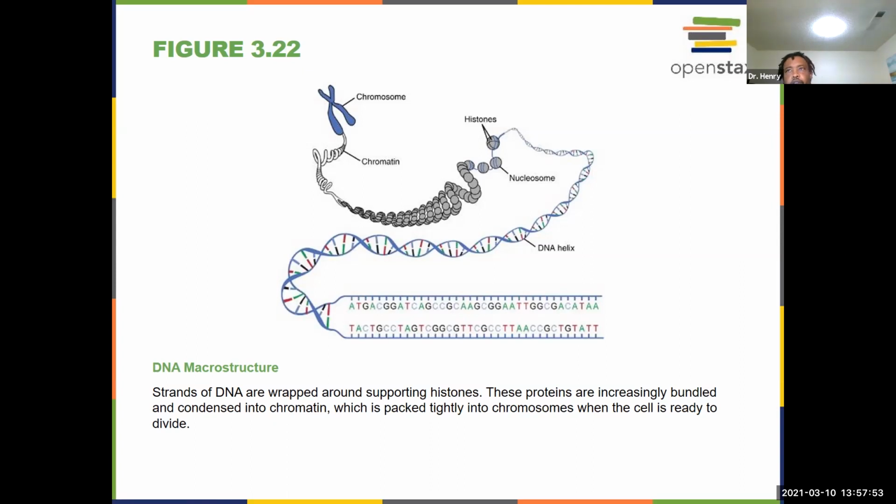As soon as we get ready to go through mitosis or meiosis, we start forming chromosomes. The only stage that we use chromosomes is when we're getting ready to go through mitosis or meiosis. That's where your DNA will separate into each of the different chromosomes.